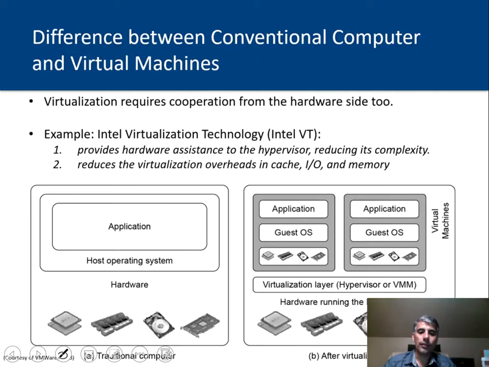All right. So this is what I was talking about. Sorry, in the traditional model, we had application, we had the host operating system, and we had hardware. Now what is happening is that we still have the hardware, the real hardware.